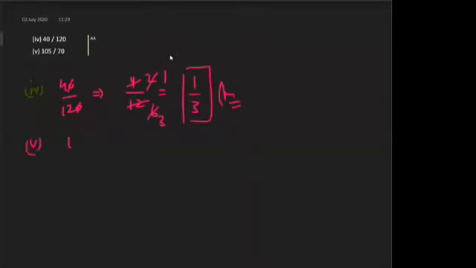Fifth, 105 upon 70. 105 upon 70, students. Now reduce it. You can reduce both of them by 5. Okay, 105 upon 70. 5 21s are 105, and 5 14s are 70. So 21 upon 14.